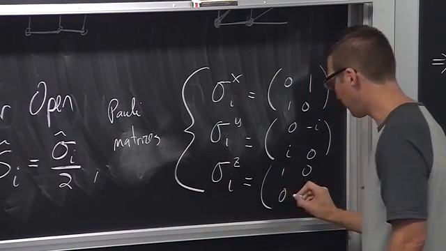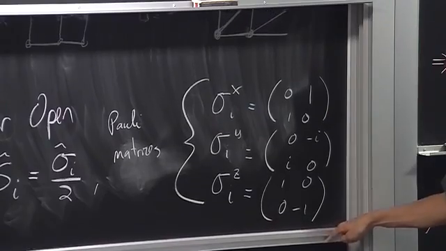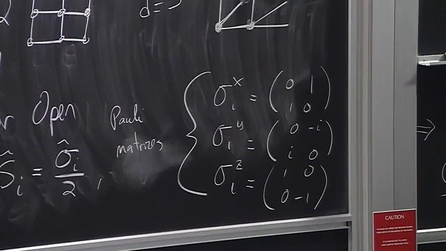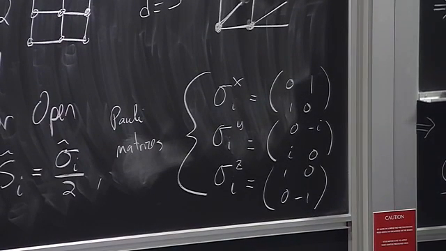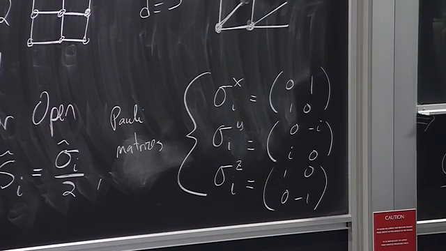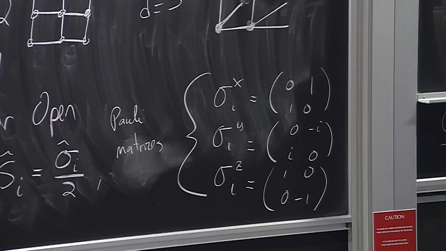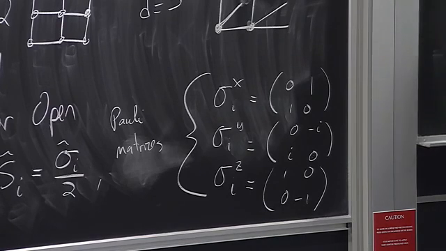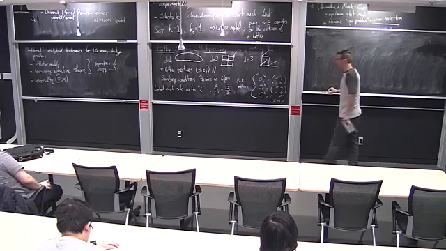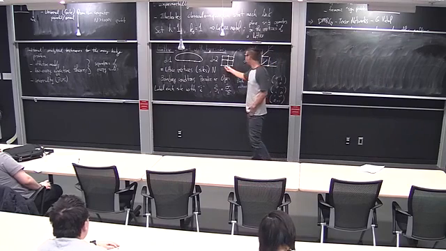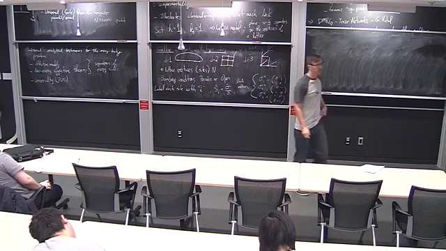One, zero, zero, minus one. Okay, so the Pauli matrices are what sit essentially on the vertices of the lattice. They're your qubits. If you're constructing a superconducting quantum circuit, that circuit is a bunch of qubits connected with these edges, if you want to call it that, right?